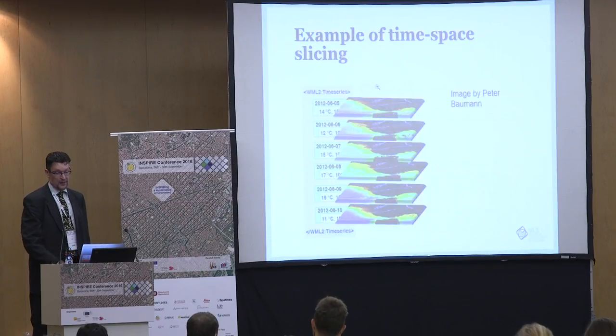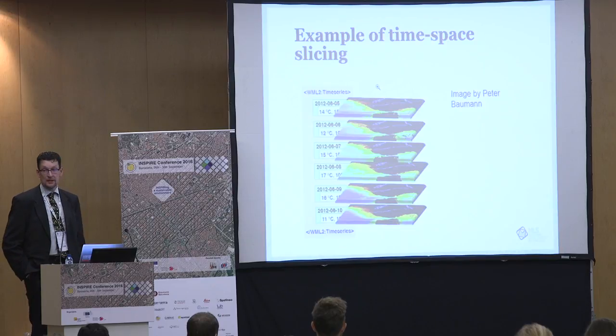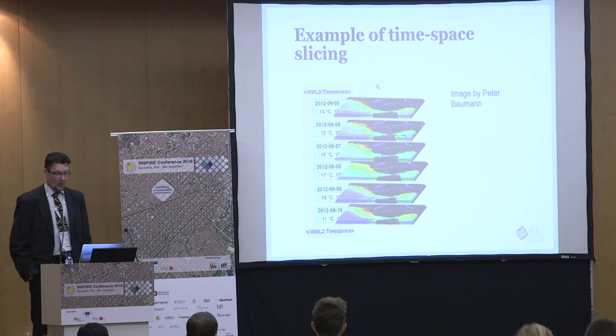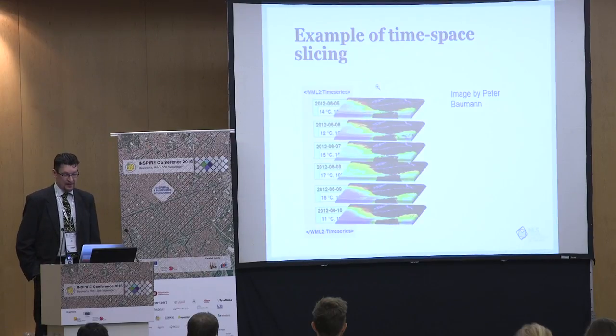And I took one example of time-space slicing. It's actually an image by Peter Baumann, where you have different information in different layers, in this case about temperature in 2012 and different days. So these are kind of use cases.